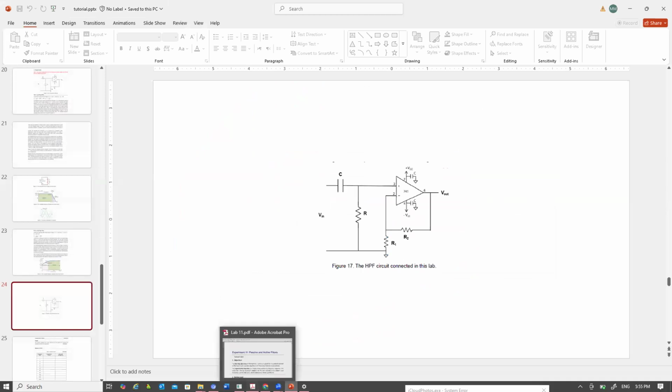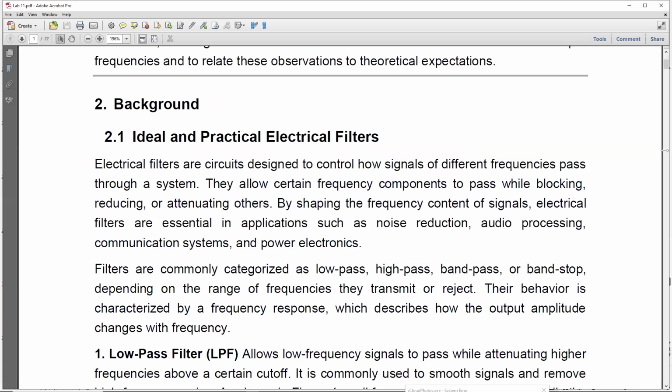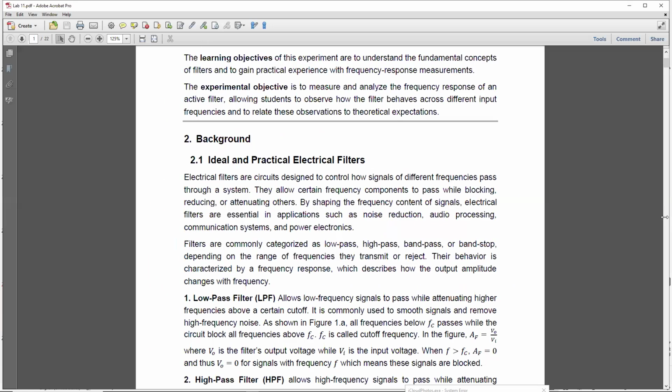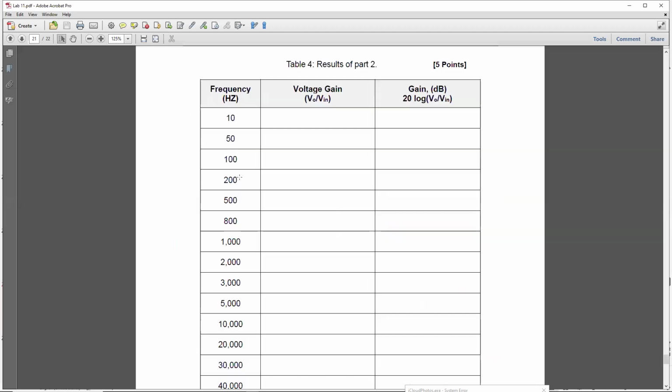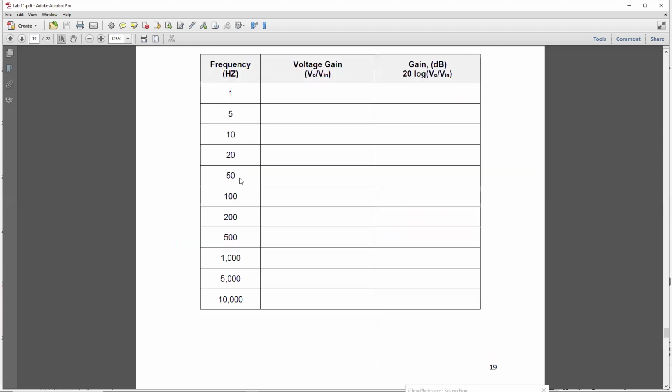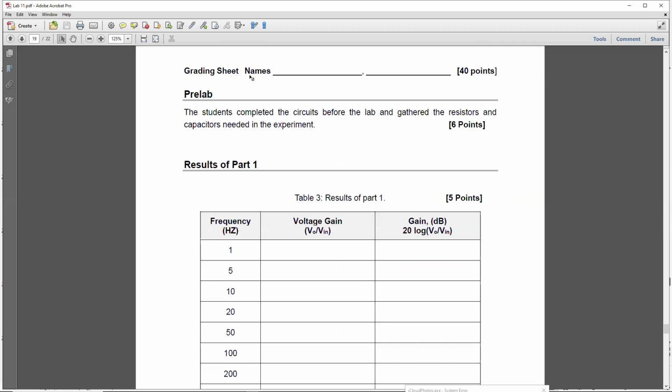So if you see here, guys, in this lab, you don't need to make a submission, okay? Because we don't have time. All you have to do is print what we call the grading sheet. You have to print it before you come to the lab.